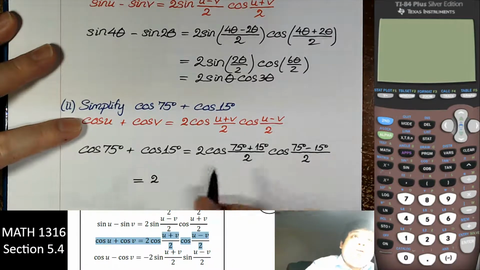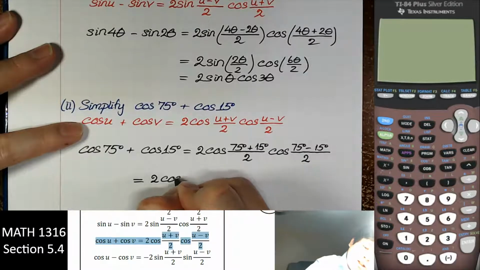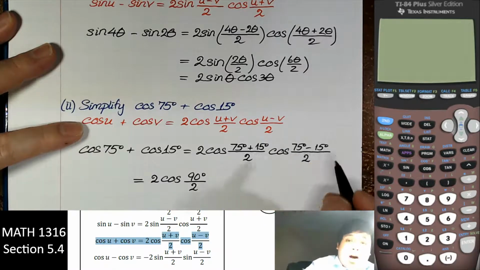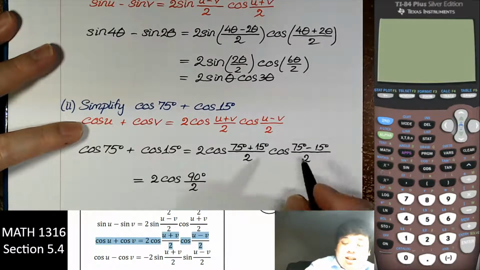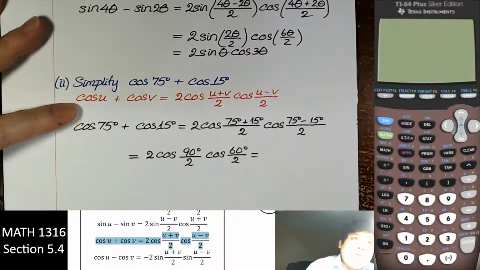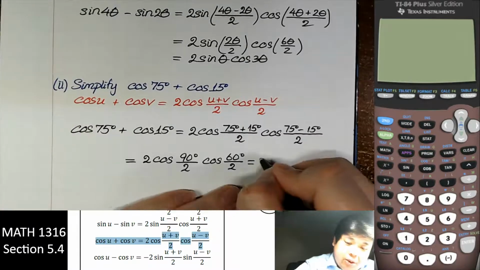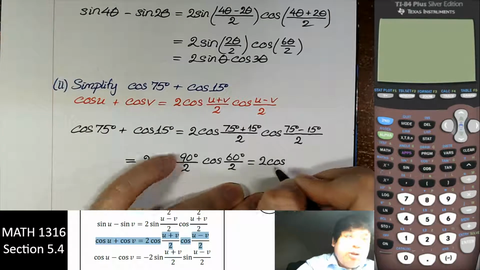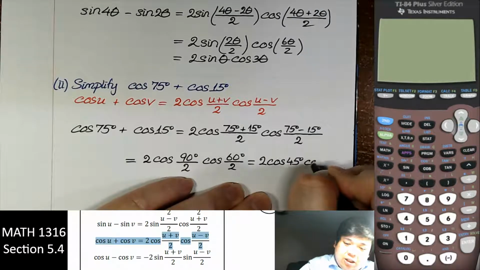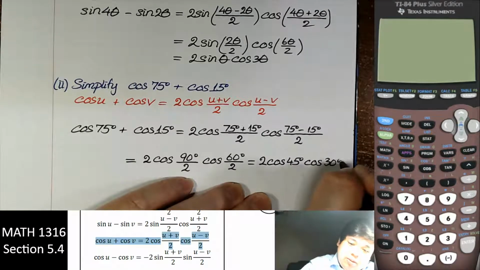75 plus 15, that's 90 degrees. And 75 minus 15, that's 60. And that gives us 2 times cosine of 90 divided by 2, which is 45 degrees, and 60 divided by 2 is 30 degrees.